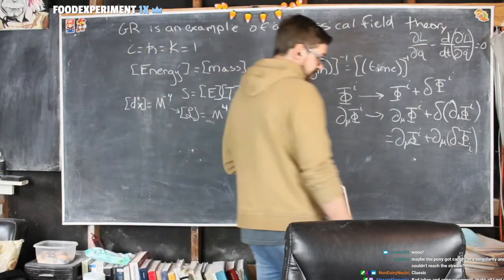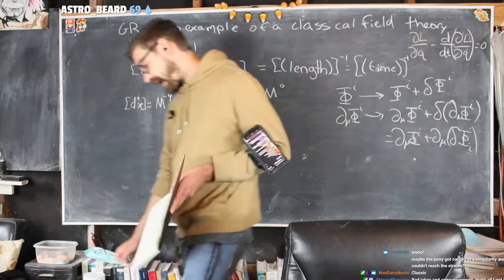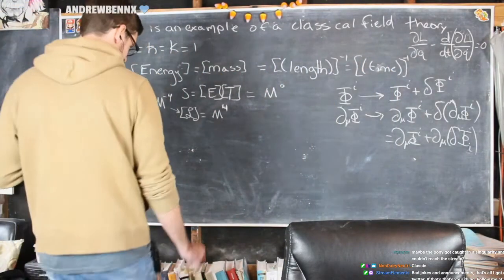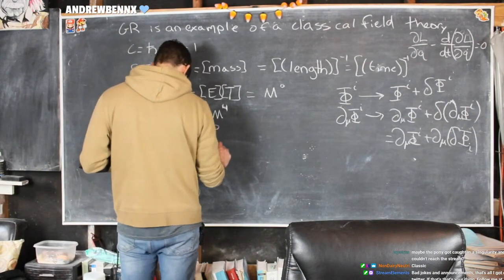Now, since this is very small, we can Taylor expand under this variation. So you guys remember your Taylor expansions. Let's take a look at the Lagrange density.